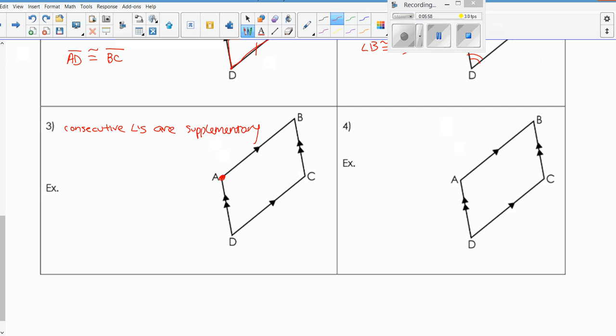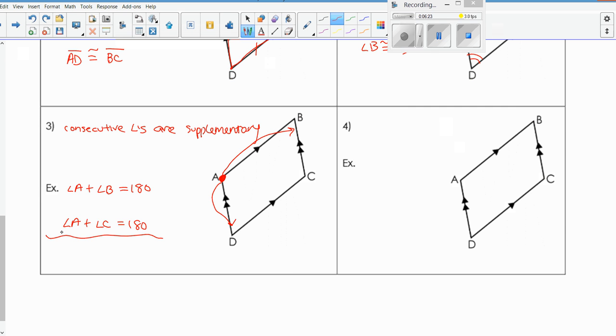So if we start at A, the next angle would either be B, or I could go backwards and go to D. So that means that angle A plus angle B equals 180 for supplementary. Or I could say angle B plus angle C equals 180. So any angle I choose, I could go forwards and backwards.